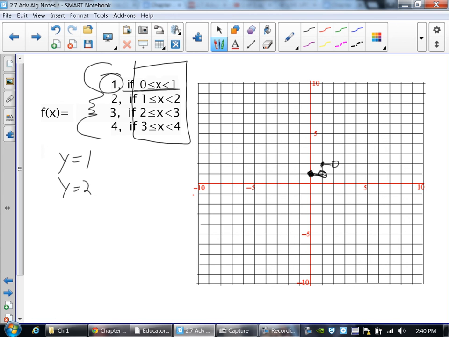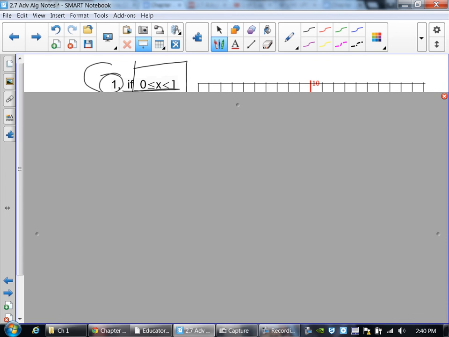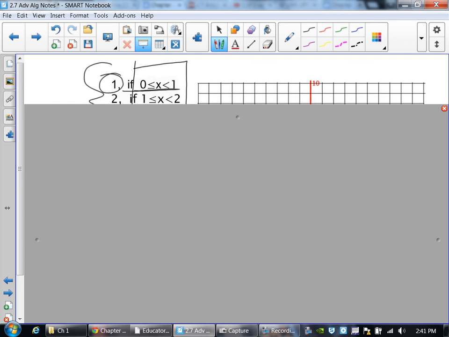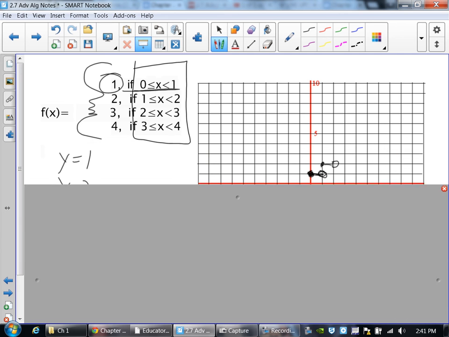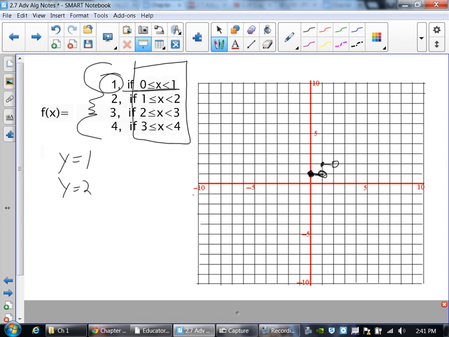Remember, think of this in terms of y equals 1, graph it. And you only want that graph shown between 0 and 1. Y equals 2, that graph's only shown between 1 and 2. That's what we're doing. And it just changes itself through.